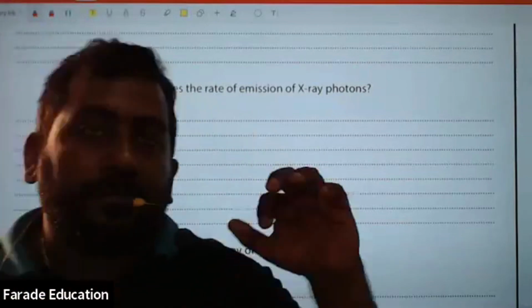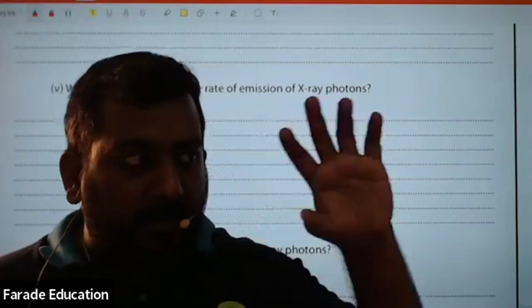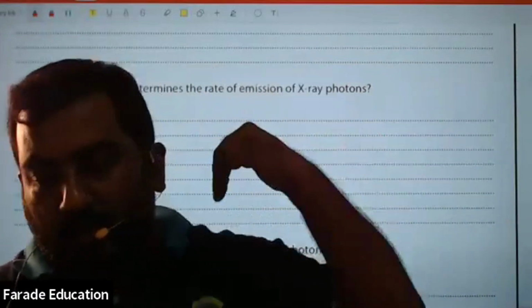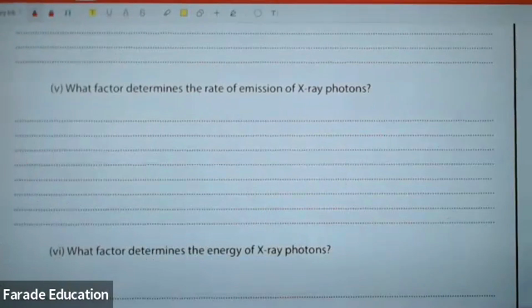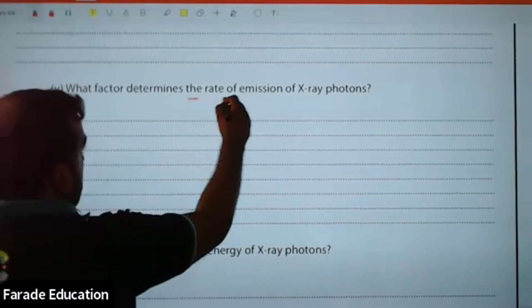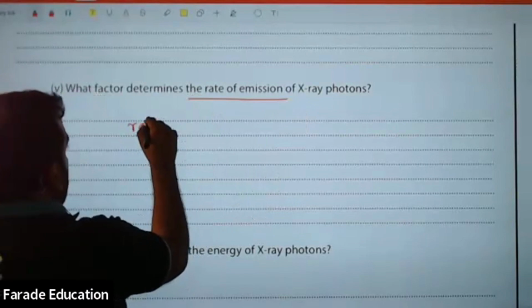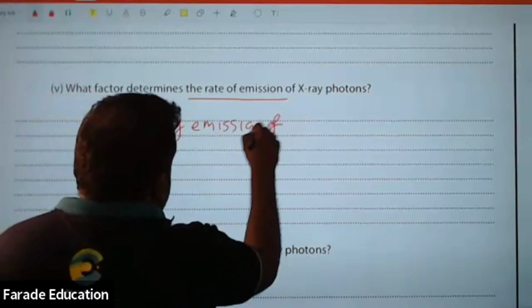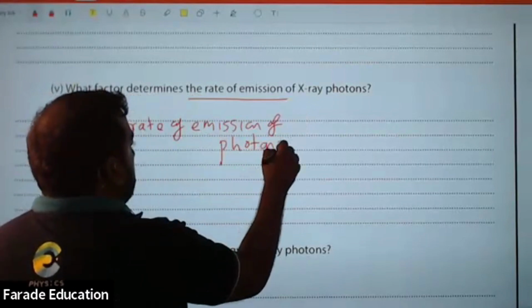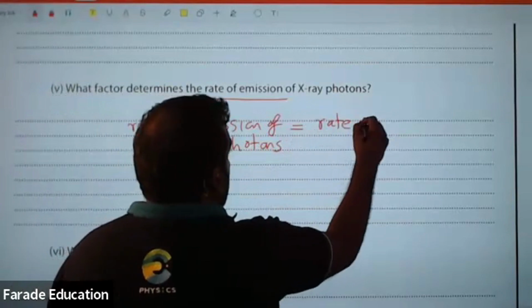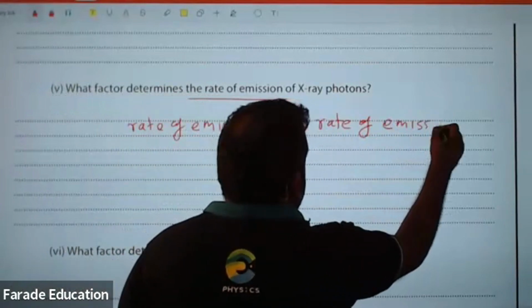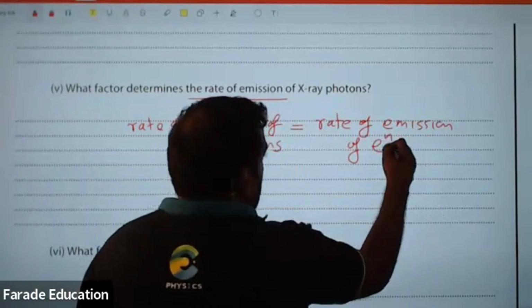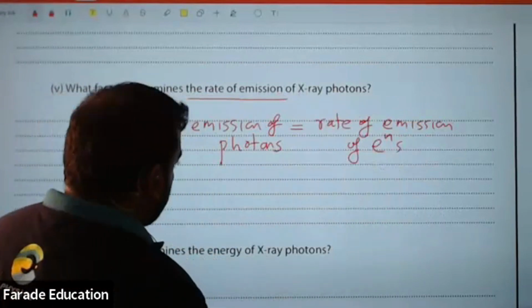Remember, the larger the number of electrons emitted, the larger the number of photons emitted. The rate of emission of photons equals the rate of emission of electrons, because one electron emits one photon.